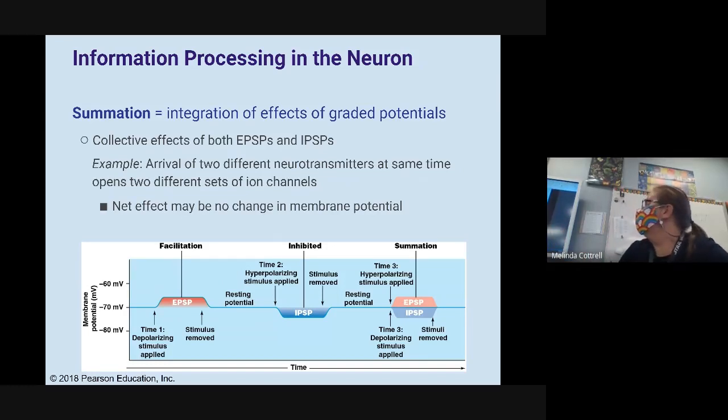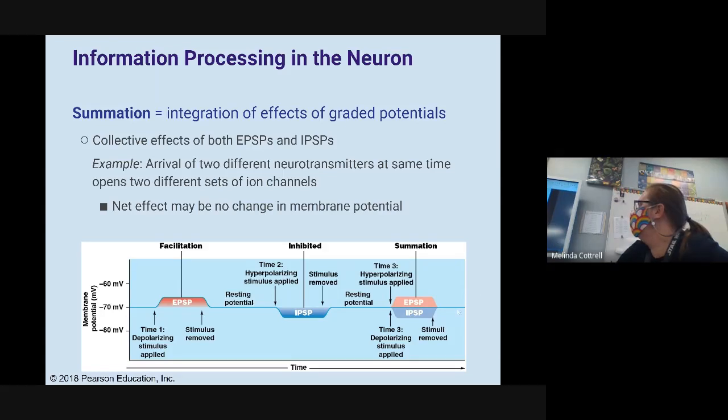The collective effects of both excitatory and inhibitory postsynaptic potentials. So the arrival of two different neurotransmitters at the same time opens two different sets of ion channels. However, the net effects may be no change in membrane potential. So it is the sum of all of the effects that's happening at the synapse.